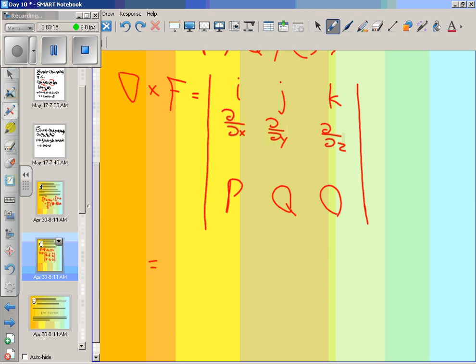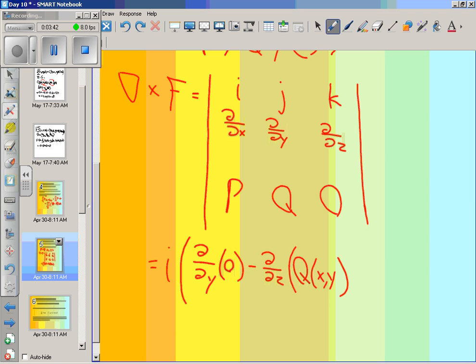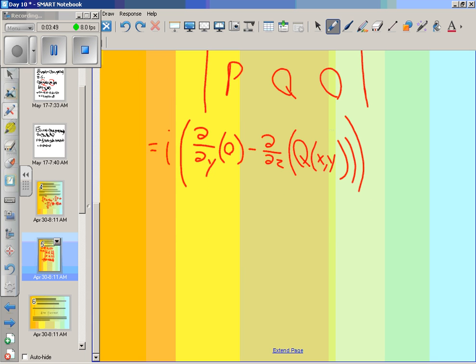For the i component, we're going to have d/dy of 0 minus d/dz of Q of x, y.